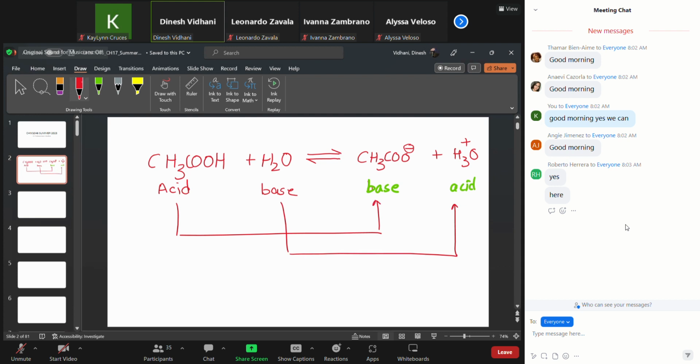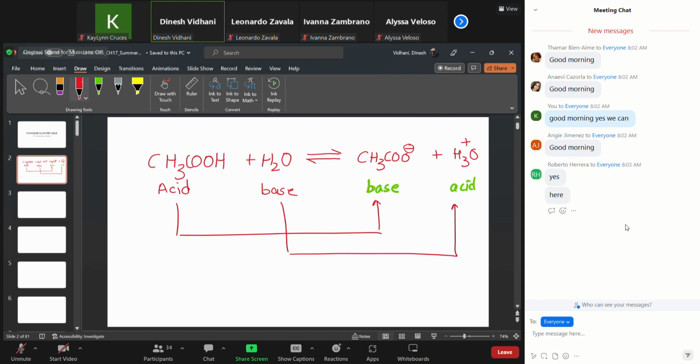Now, given that acetic acid does not want to go on the right side, that means it does not want to form acetate and hydronium ion. What does it tell you about the basicity of acetate ions? Is it a strong base or a weaker base compared to water?